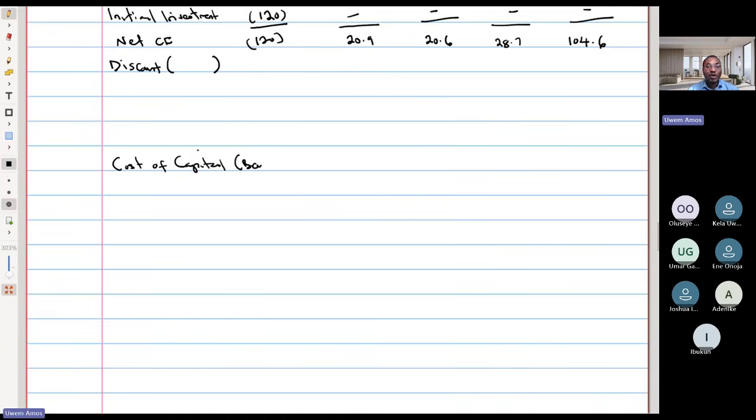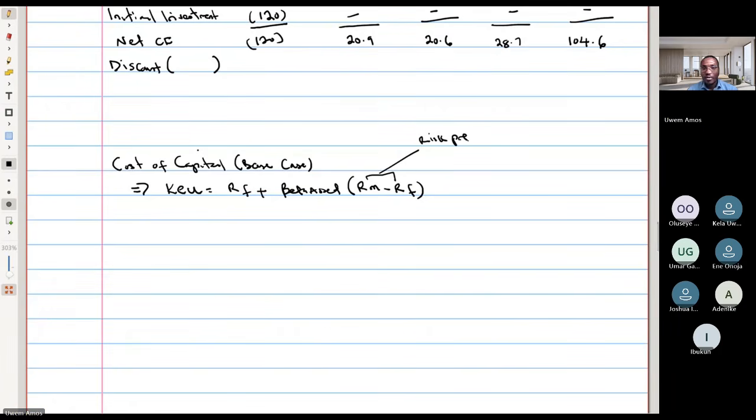Okay, so our cost of equity based on the capital asset pricing model would be that our cost of equity ungeared would be your risk-free rate plus your asset beta times the return on the market minus the risk-free rate. The return on market minus risk-free rate is also called what? It's also called our risk premium.